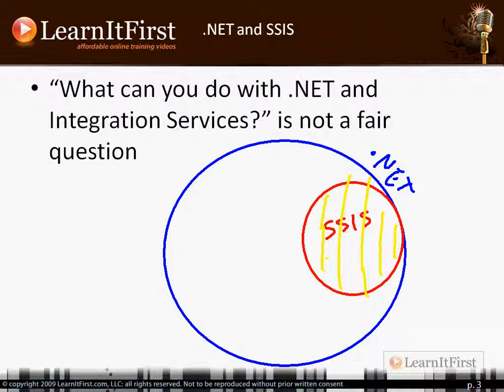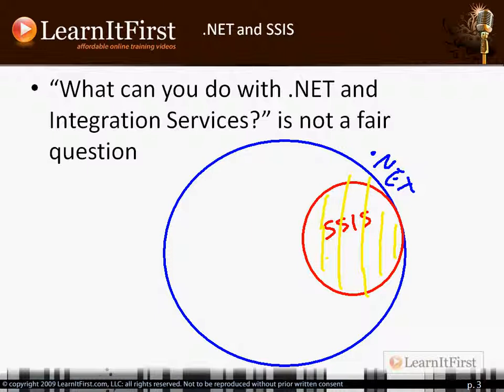What I mean to show you with this is that .NET is massive. It's huge. What the .NET framework can do is well beyond SSIS. SSIS has this very well-defined domain. We're working with data flow. We're an ETL tool, right?